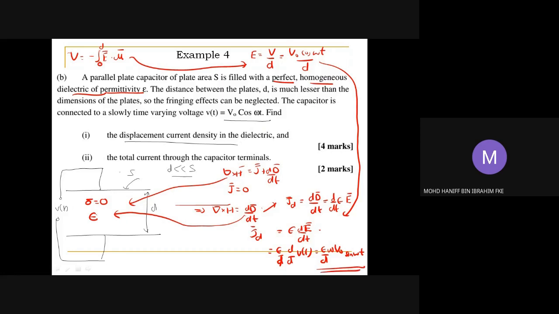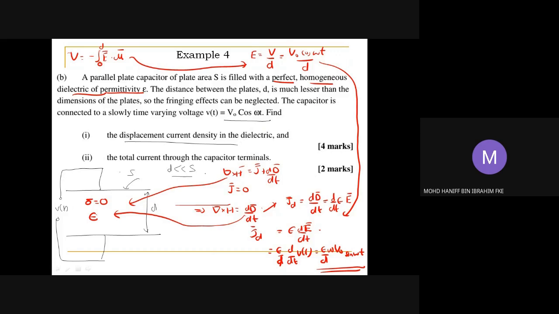That should be my J_D. Differentiating V(t) with regard to time gives V naught omega sine omega t.